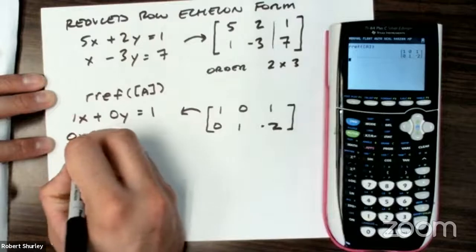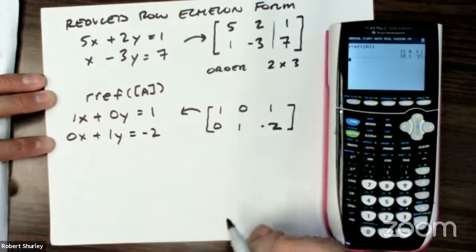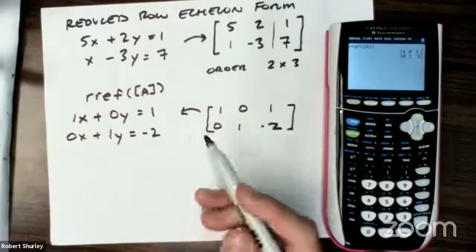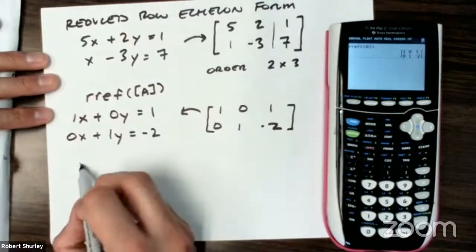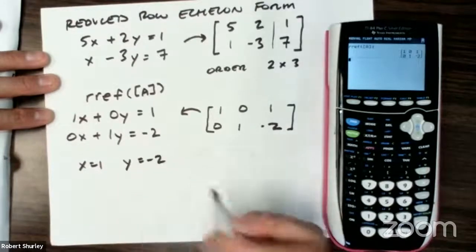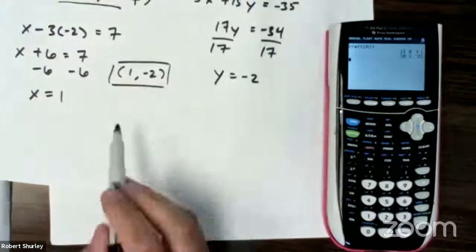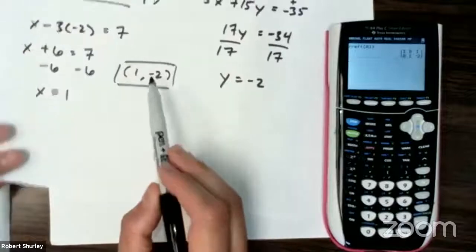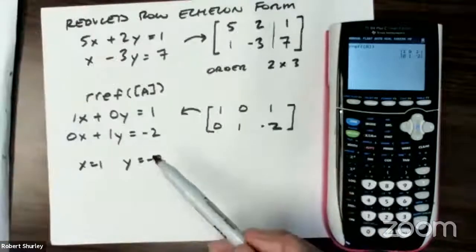And 0x plus 1y equals -2. It has solved the equation for us. Look, this equation, it's 0y. X equals 1. This equation is just y equals -2. And remember, that's what we got previously. X equals 1, y equals -2 when we did this earlier doing the elimination method.